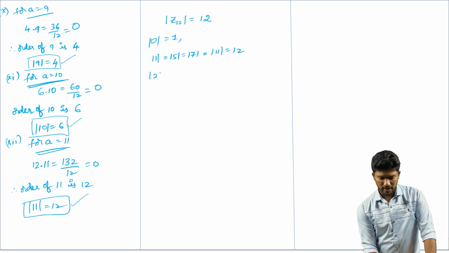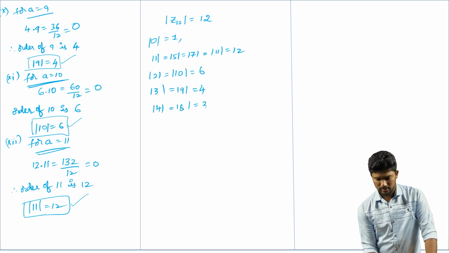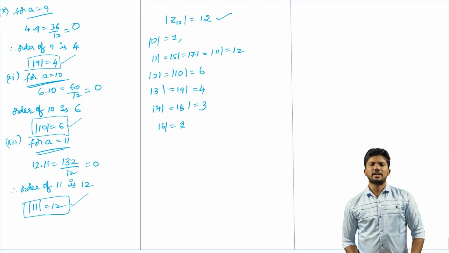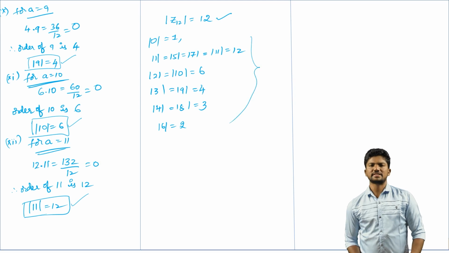Next order of 2 is equal to order of 10 is equal to 6, order of 3 is equal to order of 9 is equal to 4, order of 4 is equal to order of 8 is equal to 3, and order of 6 is equal to 2. Okay, so this is the order of the group, and these are the orders of the elements in the group.